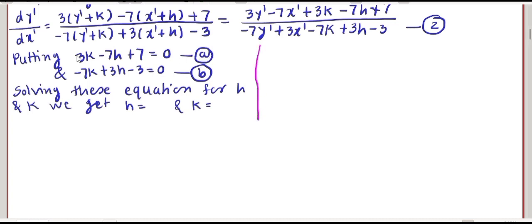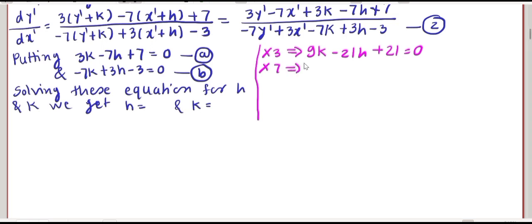So we multiply equation A by 3. We get 9k minus 21h plus 21 is equal to 0. Now multiply B by 7.